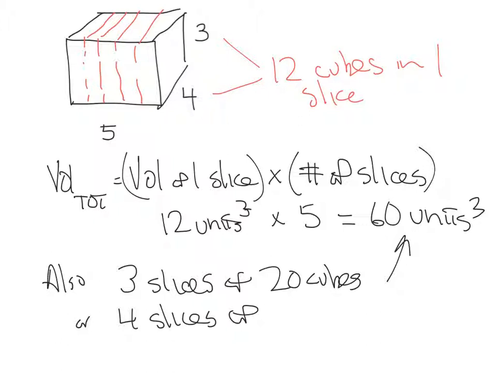Bingo, 15 cubes, 3 by 5. So any way you slice a rectangular box, all the slices are going to be the same. The next slide is going to give you a prism that you have to think about how to slice, and then the one following as well.